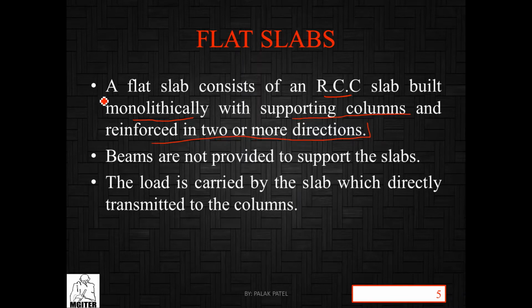Monolithically means at one time, column and slab constructed at one time. Beams are not provided for the slab, which means in a flat slab we don't have beams. The slab load is carried by the slab and directly transmitted to the column.